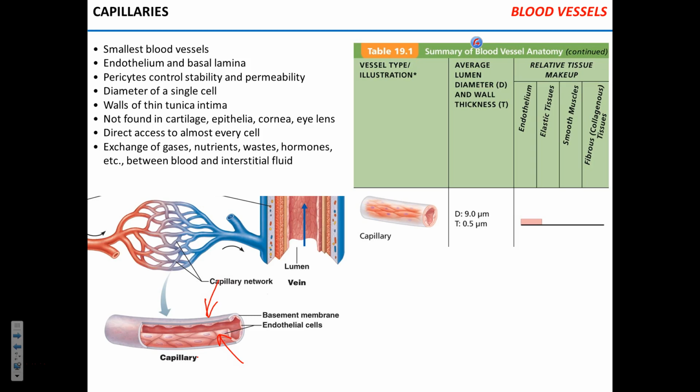Capillaries are very permeable. You cannot find capillaries in the cartilage, in any type of epithelium, because epithelium is not vascularized, in the lens and in the cornea, which makes perfect sense. Those vessels are exchange vessels. Okay? We're good?